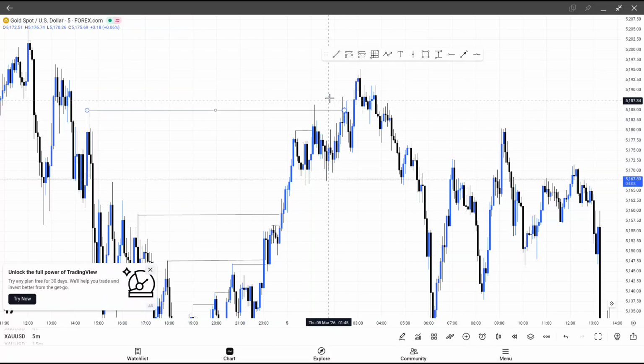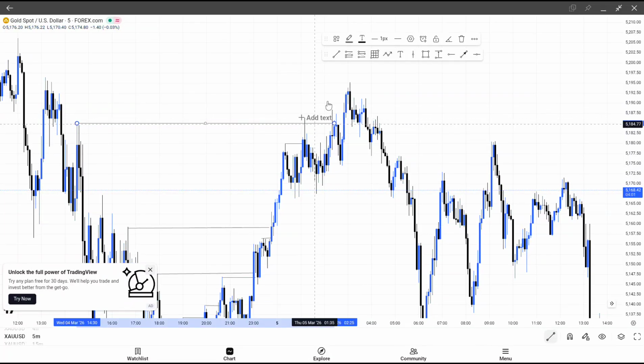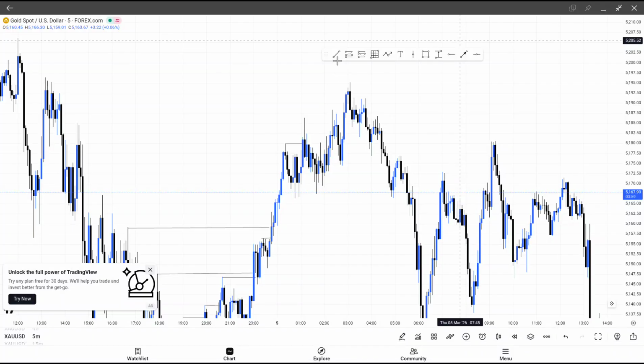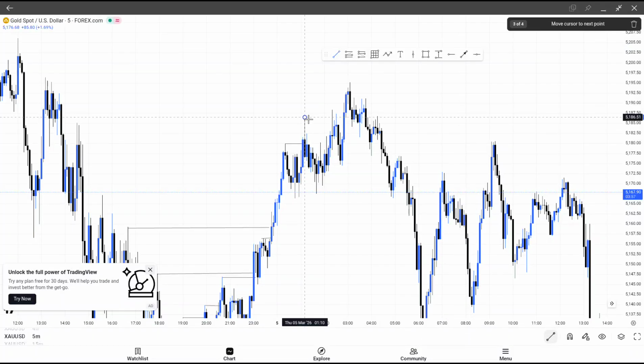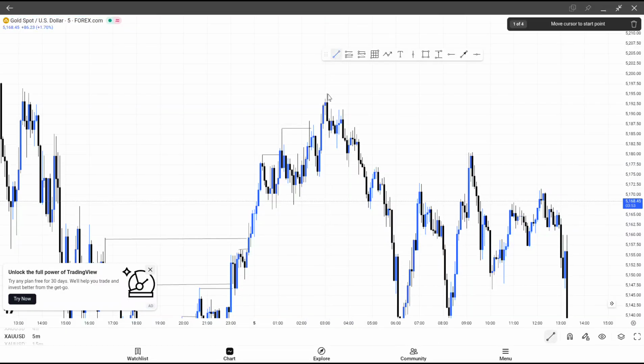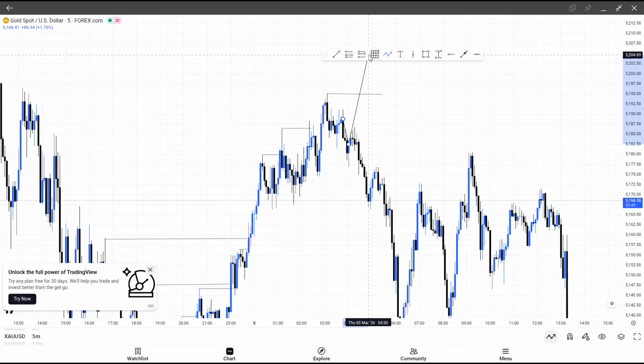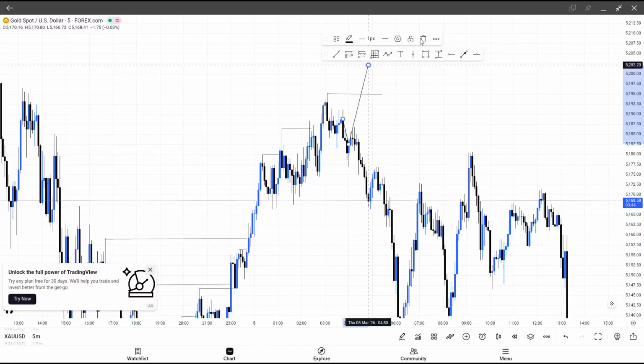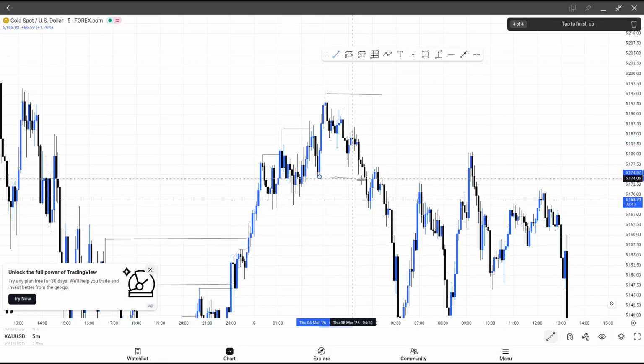Oh, I don't think it's a double break of structure because it has to be above. So this one is another break of structure, and we have this one, but it is not a break of structure because price didn't come and take it out like this. But what happened? Price went out to take its low.